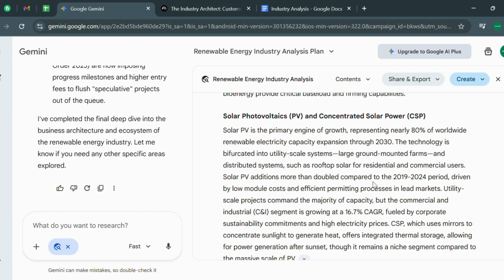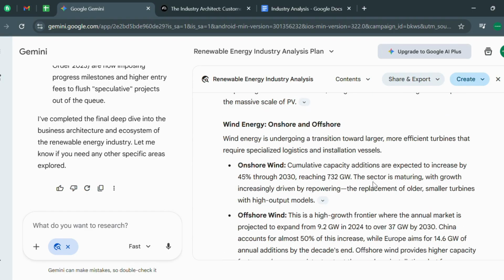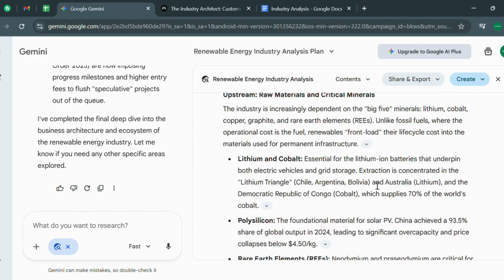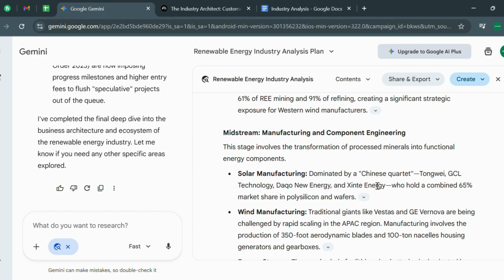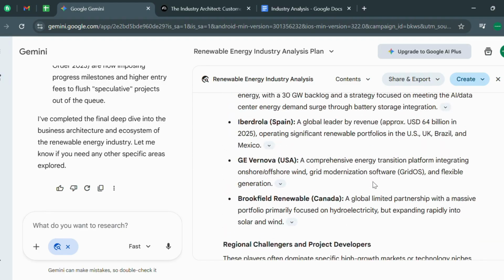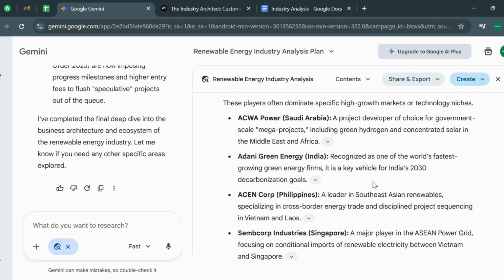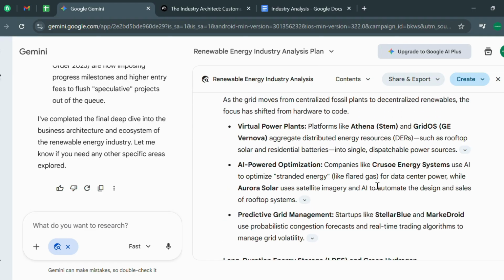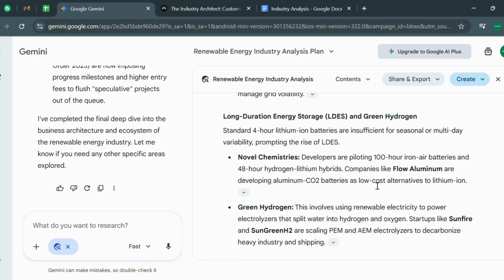Solar is one of the biggest renewable energy power generating sources. Then wind energy, full industry value chain that we just read, then manufacturing and component engineering. So when I read this whole industry analysis I felt this is perfect, and I would have never done it by myself in such a small period of time.